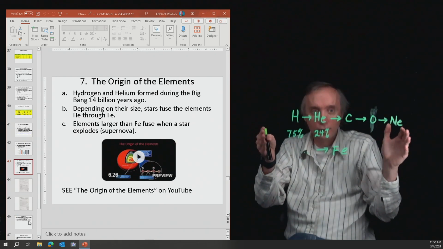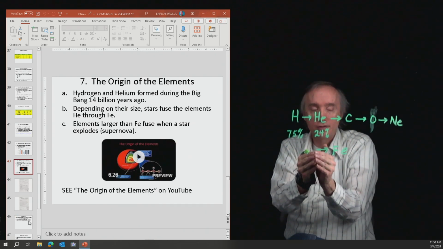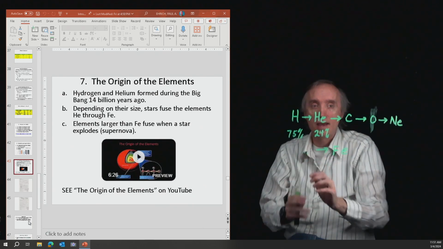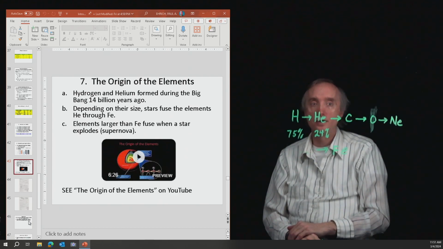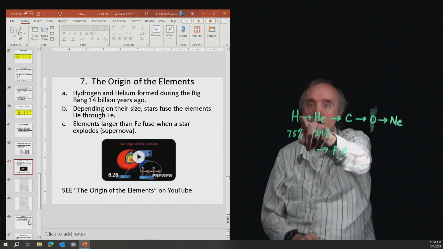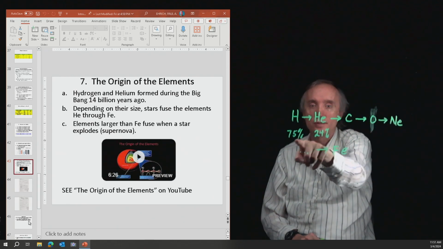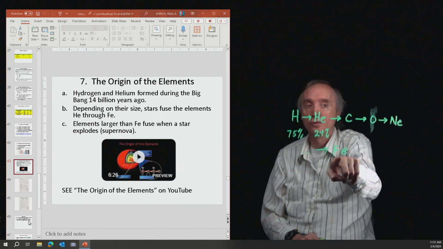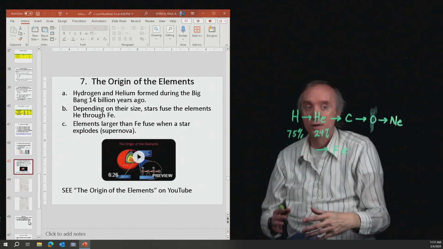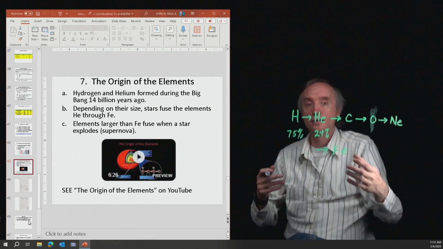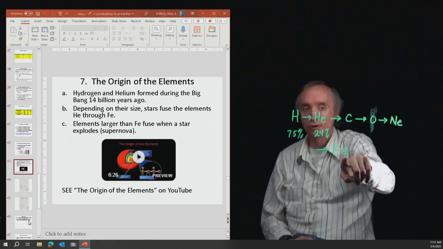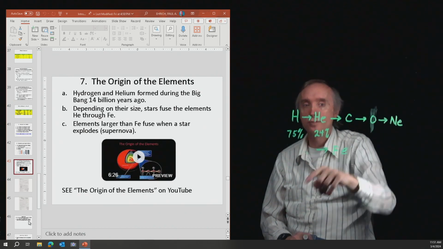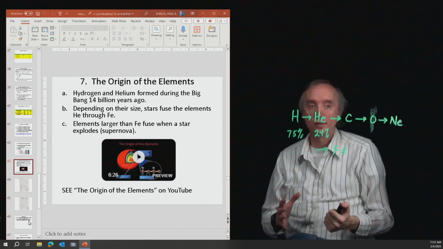And gravity's always there, so gravity is going to pull this thing in, and then it's going to explode. We're going to call that a supernova. So we've generated all the elements up to iron through nuclear fusion processes in a star that is living and then dying. The elements larger than iron are going to be formed during these supernova events.